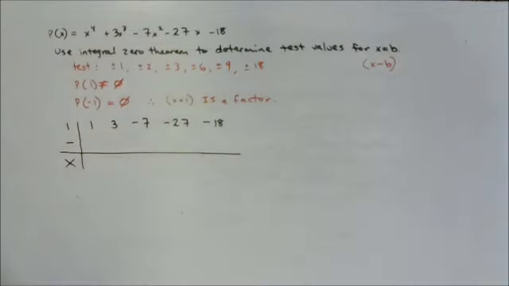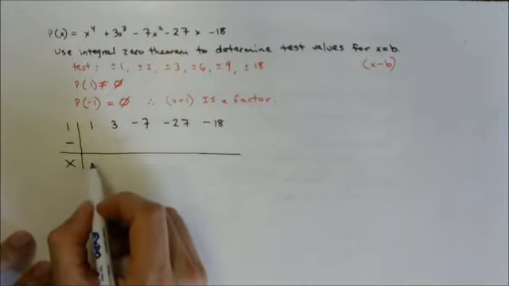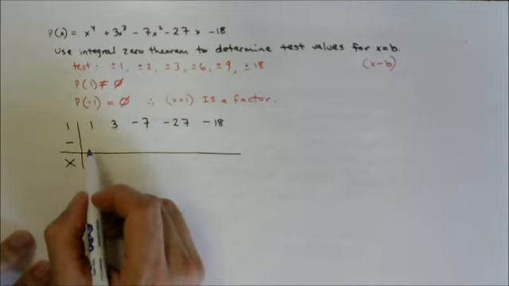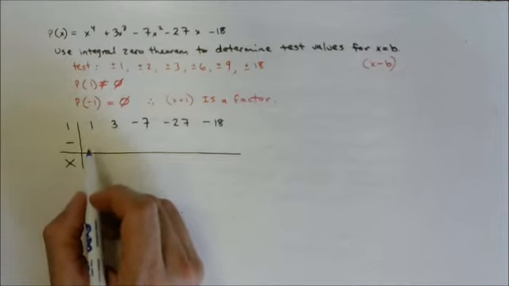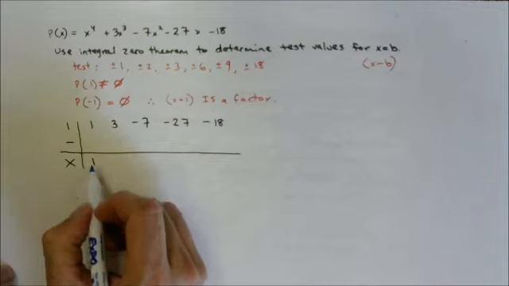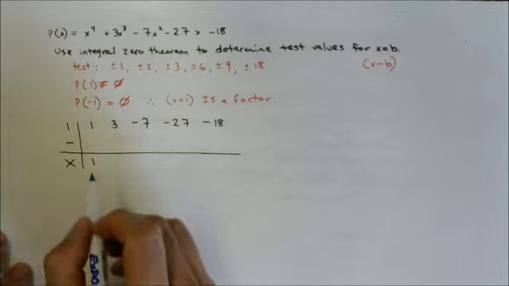And I'm going to work through this fairly quickly so we can carry on here. But what we end up with, we bring down our 1. Okay, we bring down our 1. That's going to be the leading coefficient of what remains.